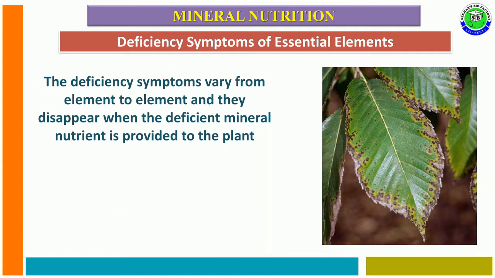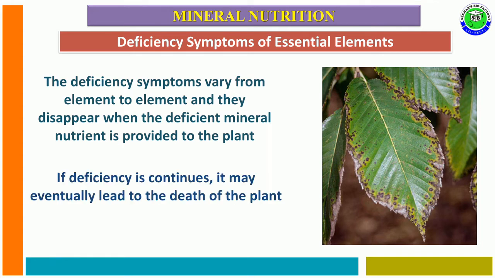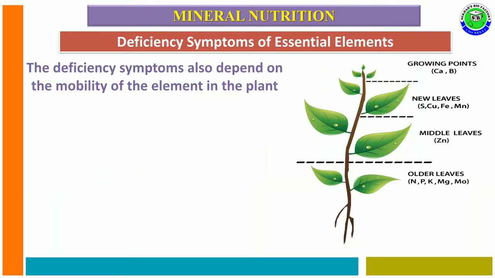The deficiency symptoms of each element vary from one element to another, and these symptoms may disappear when the element is provided in the required quantity. But sometimes if the deficiency continues, that may lead to death of the plant also.